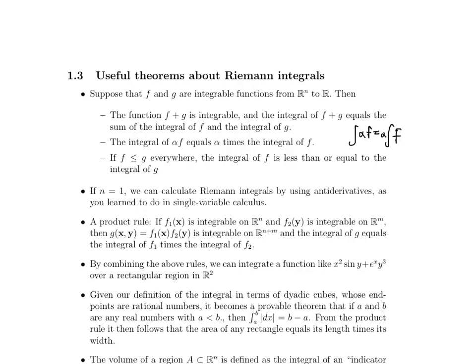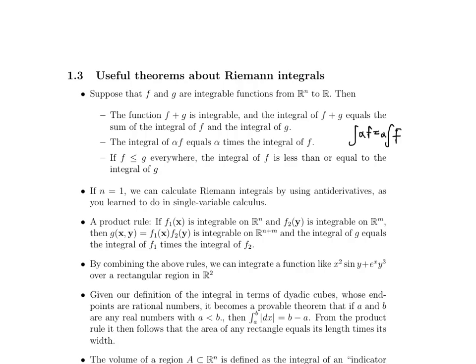Note that there's a product rule, which says that if you have one function that's just a function of x, that's integrable on Rn, and note that this x is a member of Rn, it has n different components, and there's a second function that is a function of y, and y is an element of Rm. It has m different components in it.